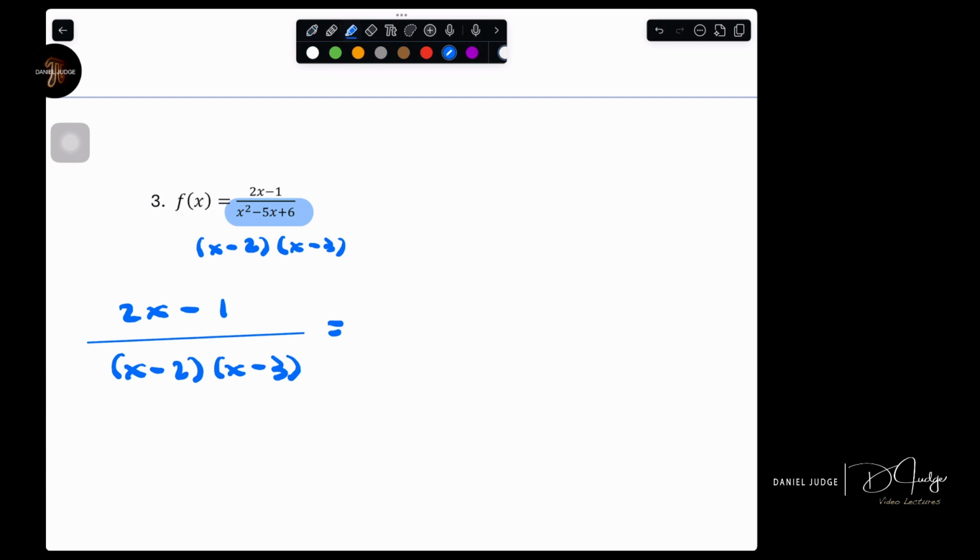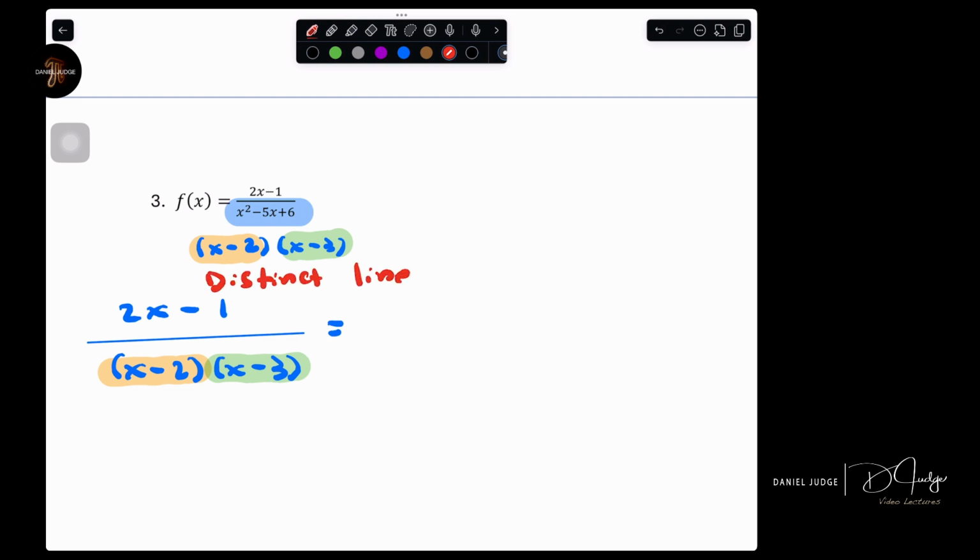So we notice again, we have distinct linear factors. Linear meaning the x variable has a power of 1. So I'm going to write that here.